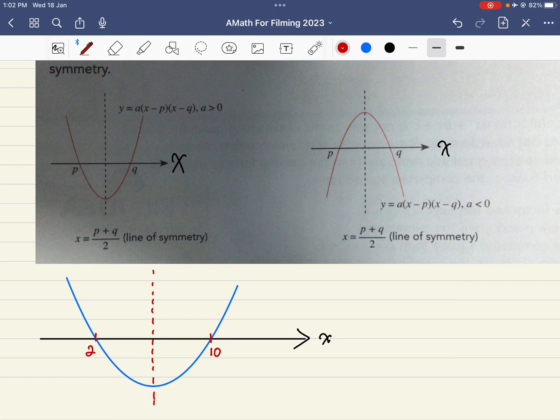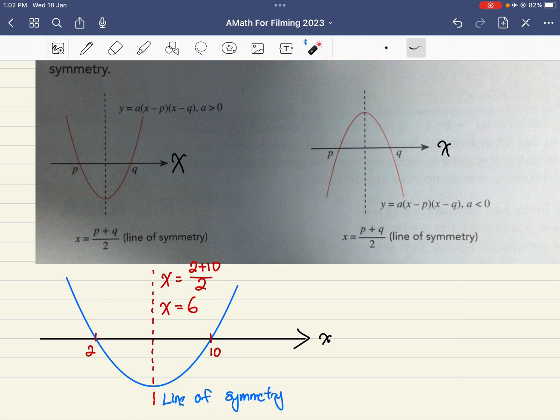For me to find the middle value between 2 and 10, the value is actually 6. How do I get 6? You just take 2, add 10, and divide by 2. So you find the middle number. So x is equal to 12 divided by 2, which is 6. This x equals 6 is known as the line of symmetry.